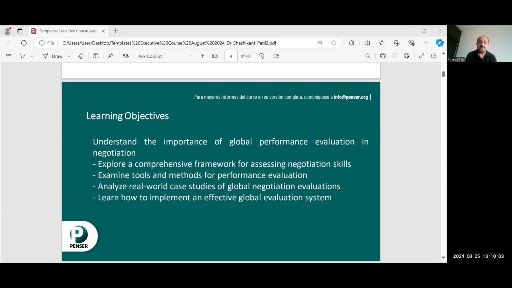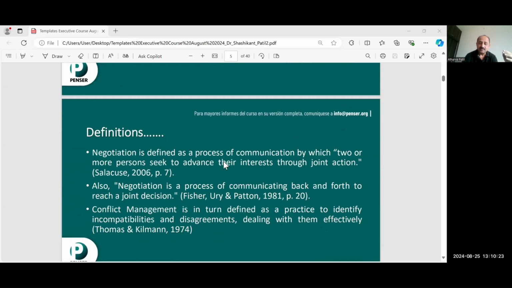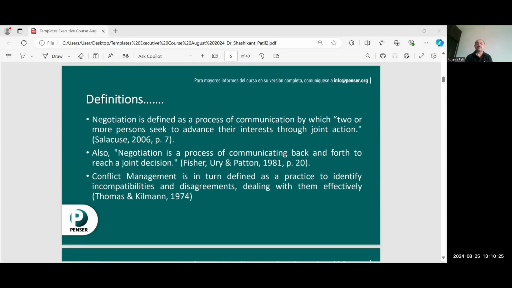The last objective is to learn how to implement an effective global evaluation or assessment system so that we can attain our objective. So let us go through the different definitions available in the literature.